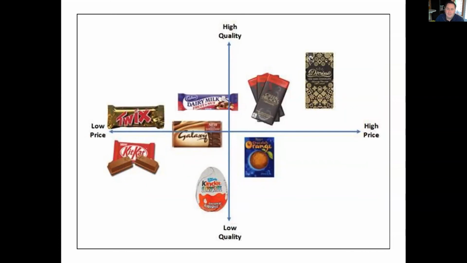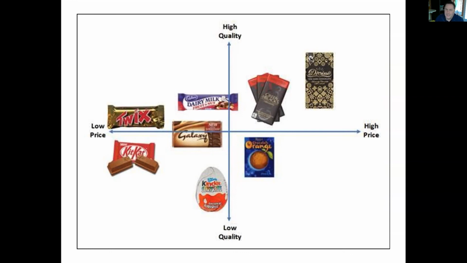Then there are some that are high quality and high price. Where are they positioned on this chart? Where do you want your client's product to be positioned? If your client is doing a special recipe that is ranked as a very upscale type of chocolate, you may want to go with the higher quality and the higher price.